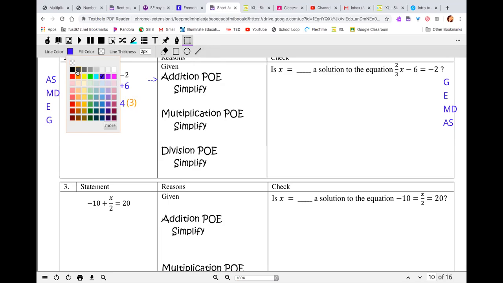Okay, so I'm timesing by 3, and then what? Those 3 cancel out. Okay. 4 times 3 is 12. Very nice. And right here it says MPOE, and that's exactly what we did. So we are in agreement.